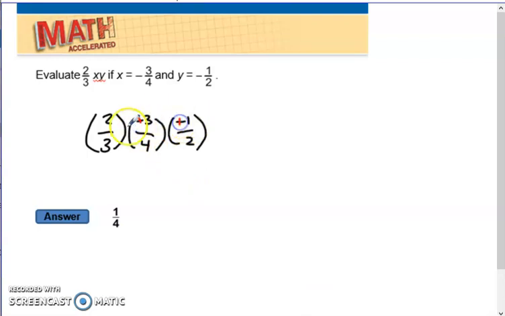But anyway, this one's divisible by 3, right? And this one's divisible by 2. Okay, so 1 times 1 times 1 is 1. And then 1 times 4 times 1. Or maybe I should rewrite that. Okay, and so you get 1/4 out of that.